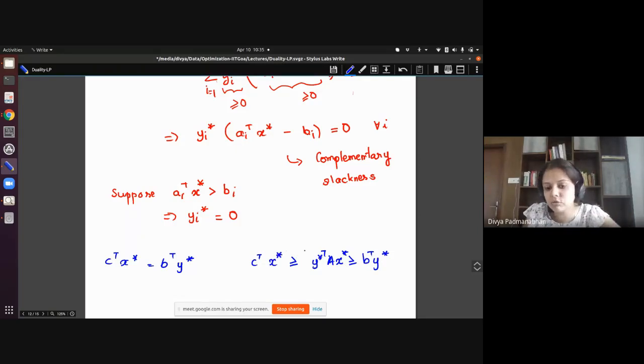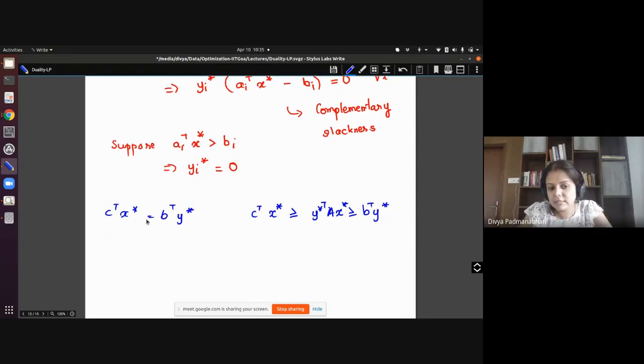This is true for any X and Y, and in particular, it was true for the optimal solution. And since C transpose X star is equal to B transpose Y star, all these are going to become equalities. So this is an equality, and this is also an equality.